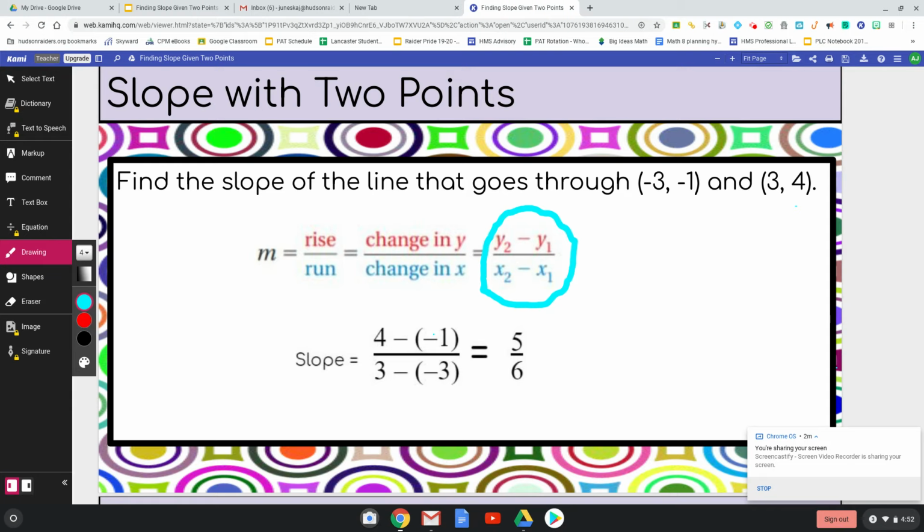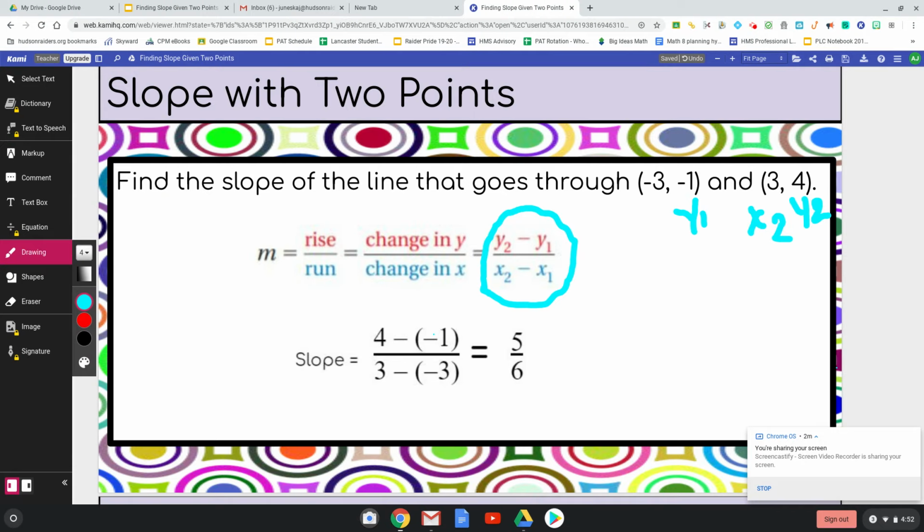So y2 is 4. And y1 is -1 because that's the y value in the first point. x2, similar to y2, is 3.